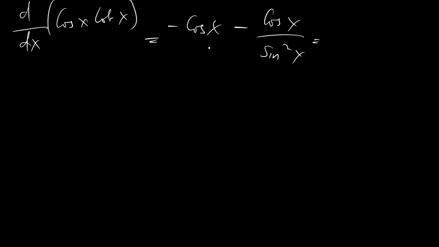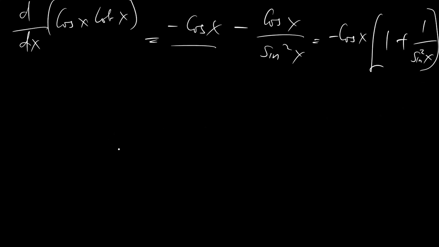This is equal to, minus cos x is common, so you have minus cos x times 1 plus 1 all over sine square x. So that is the final answer.